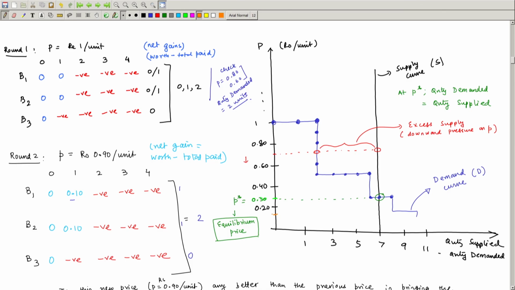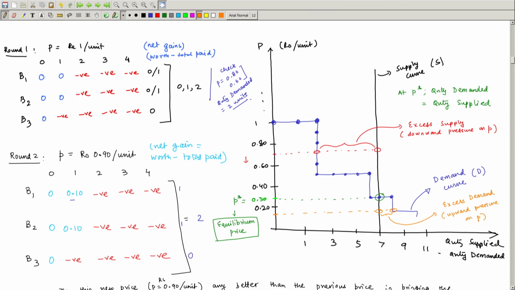If I take a price of 0.1, the quantity demanded, notice, is somewhere here, whereas the quantity supplied is somewhere here, 7 units. So, this gap where the quantity demanded is more than the quantity supplied is called the excess demand. People want to buy more, but only 7 units are available. This will lead to an upward pressure on the price.